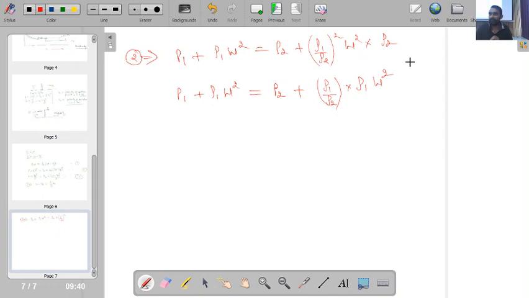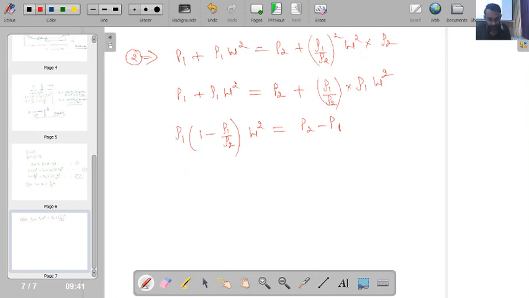Now let's segregate the terms involving W. I can take rho 1 common, and inside I get 1 minus rho 1 by rho 2, times W square, equal to P2 minus P1.